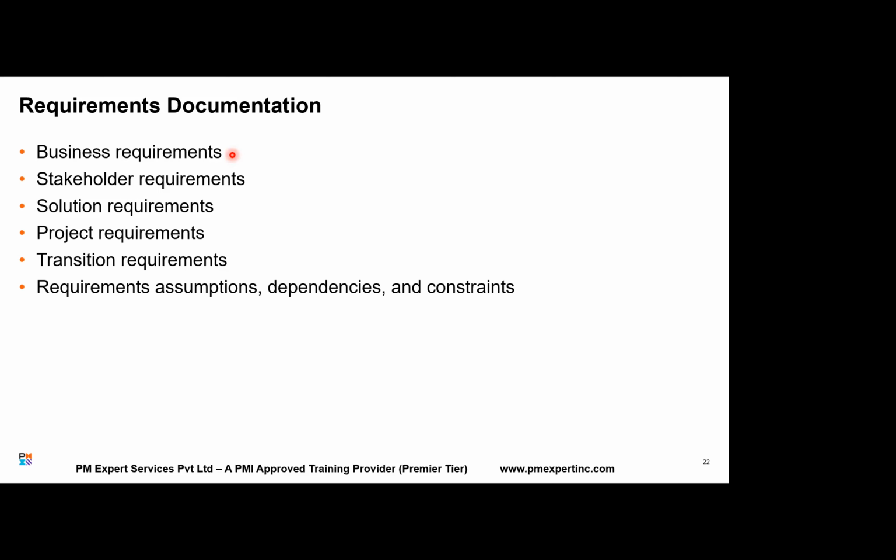Now, stakeholder requirements actually represent stakeholder needs. Do stakeholders have expectations from the project, right? For example, with an e-commerce website, some stakeholder might have a requirement or expectation that they can shop by one click. They need only one click to shop. So this is a stakeholder requirement.